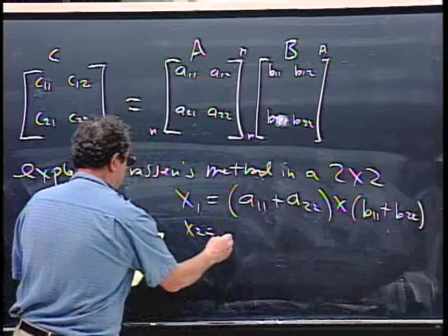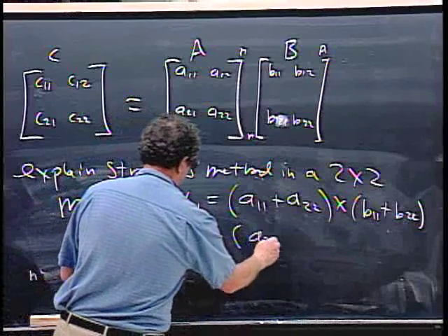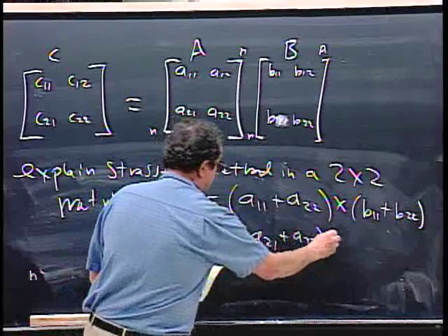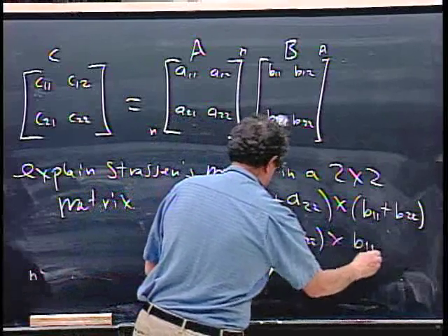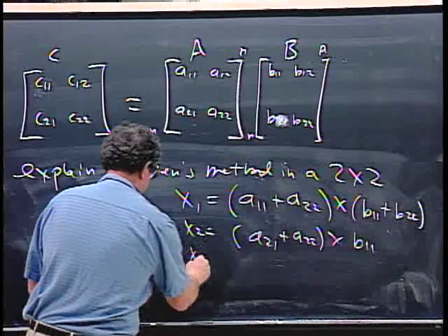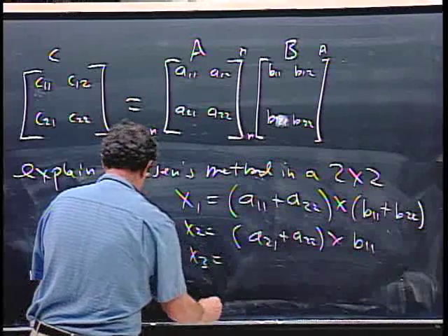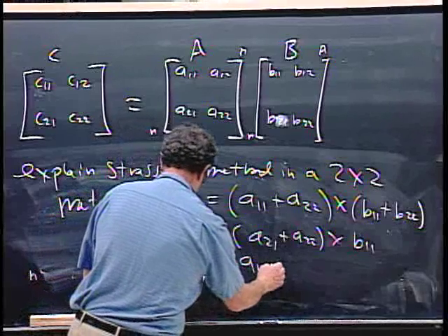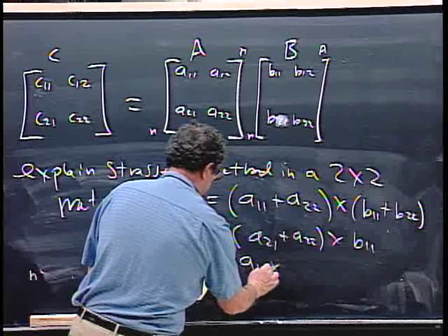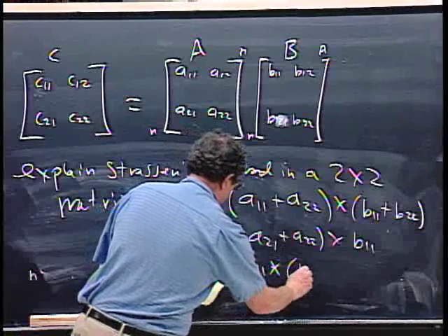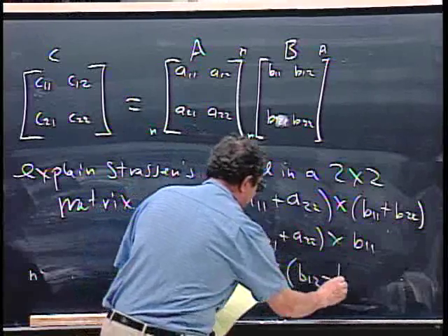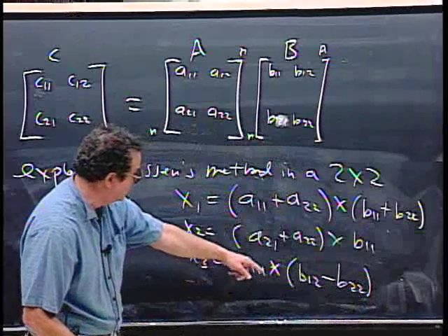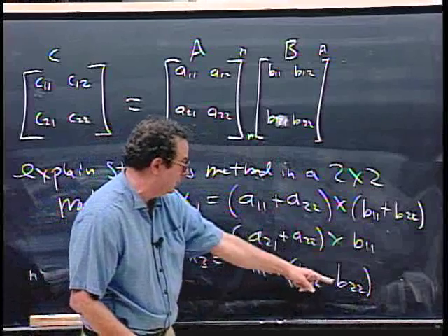X2 is equal to A21 plus A22 times B11. And I'm only going to do 4 of these because that's going to be enough to illustrate what I want. X3 is A11 times B12 minus B22.